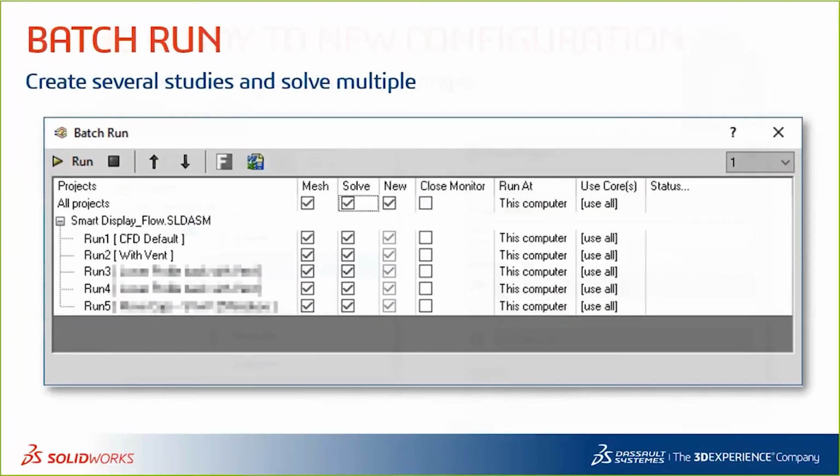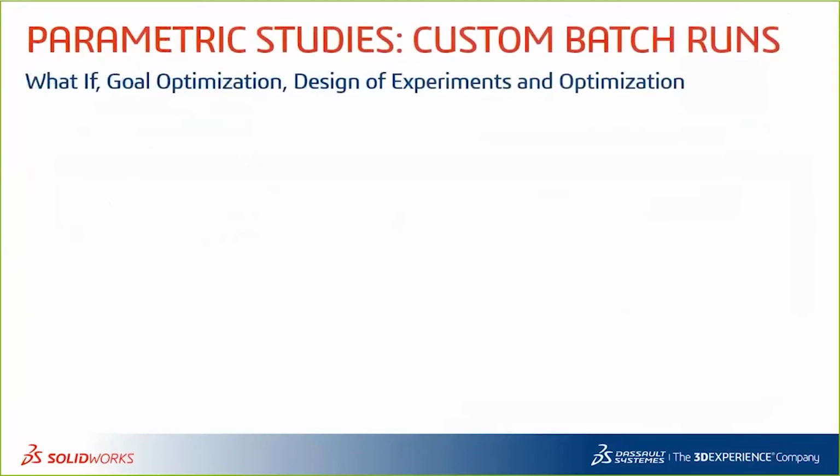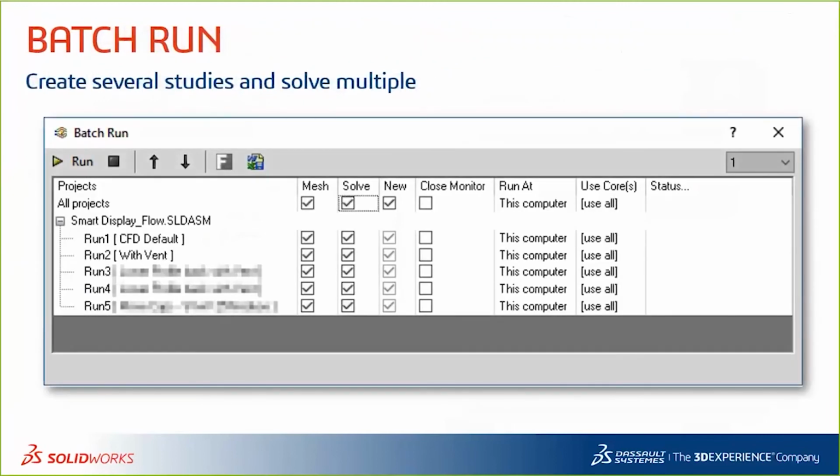So by cloning the original analysis, you can have multiple analyses here. You can see I have 5 analyses, and the first is the default analysis I ran, and the second is with the vent. And I can solve all of these using a batch run. So let's say if I have 5 different versions of my enclosure, I can run all of these overnight, and when I come back in the morning, I have 5 sets of results that I can evaluate, compare, and see what enclosure design might make most sense for my application.